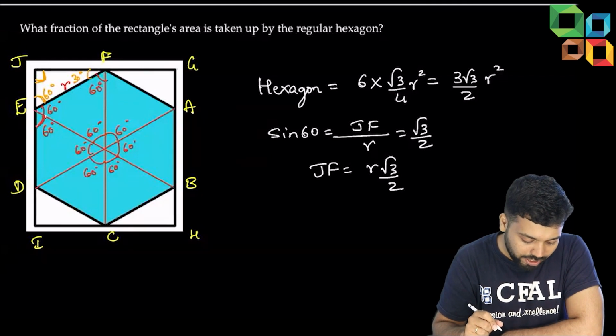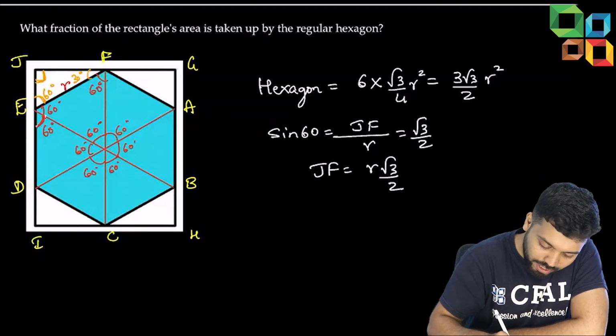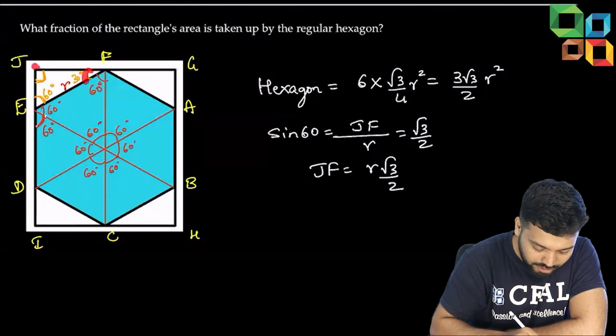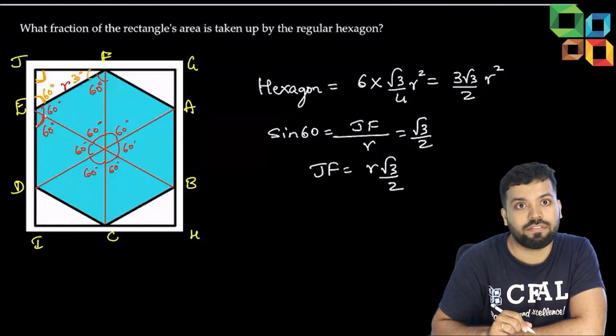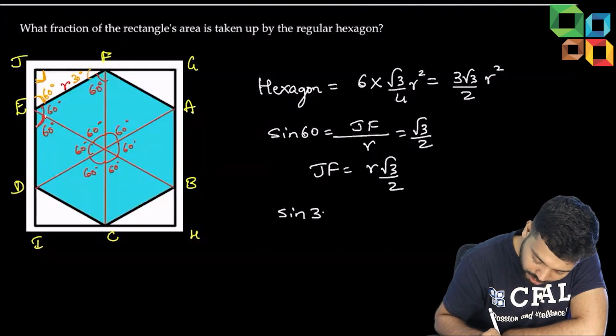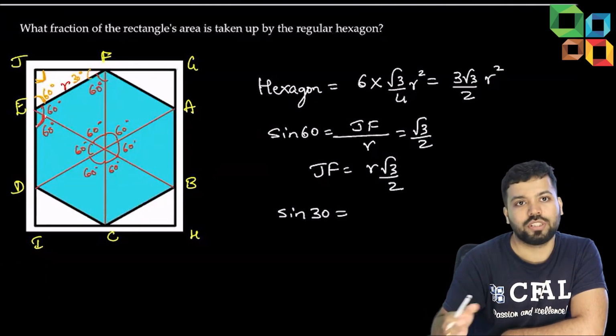Similarly, can you tell me what is JE? Now I'll apply sine again, but on this angle F. So now I have to put sine 30. Sine 30 is opposite by hypotenuse.